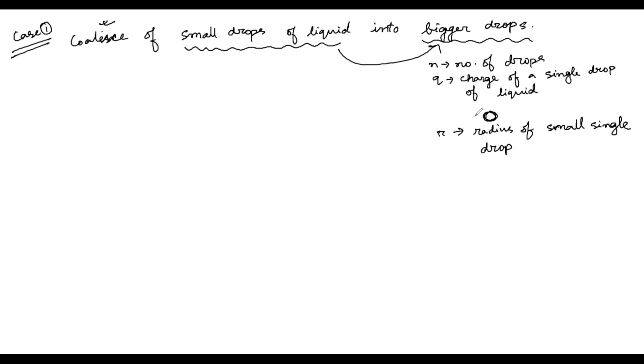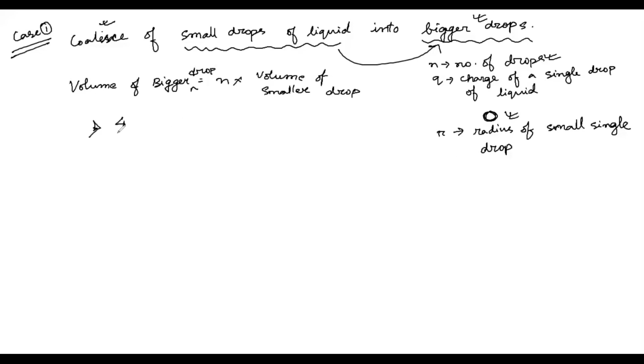Now, since we are talking about a drop of liquid which is spherical in shape, so the volume of bigger drop will be nothing but n times the volume of smaller drop, right? Since we are using these small drops, which are n in number, to form this bigger drop, the volume of the bigger drop will be n times the volume of the smaller drop. Alright. Now, since they are spherical in shape, the volume will be 4 by 3 pi capital R cube.